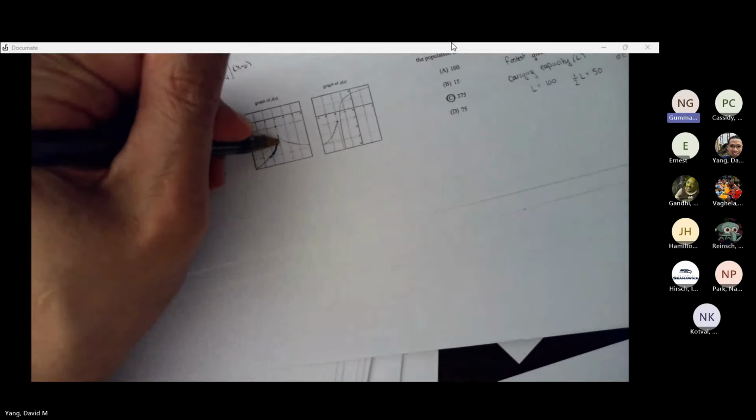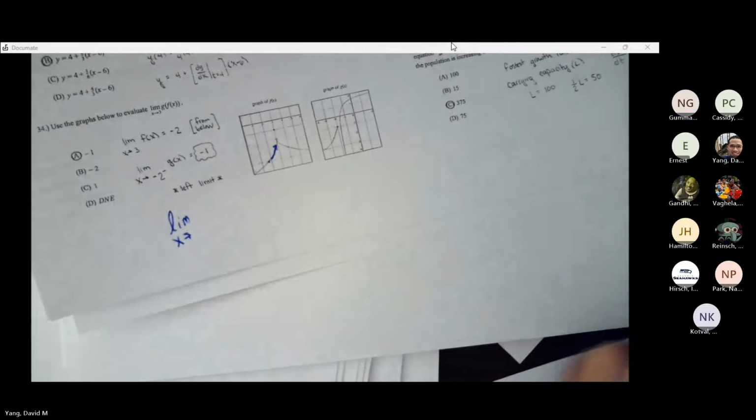What is that approaching? Is that approaching -2? Yeah, the inner approach is -2. Okay. G of -2.